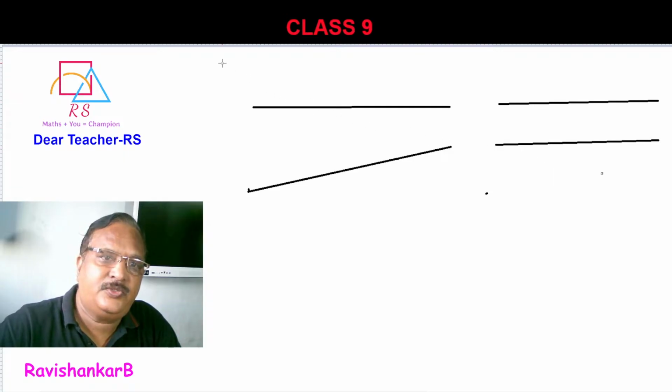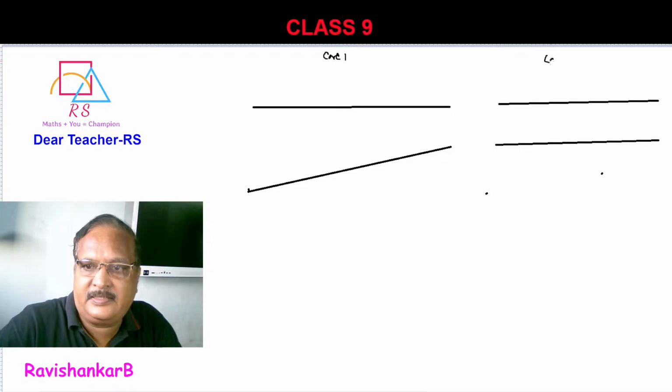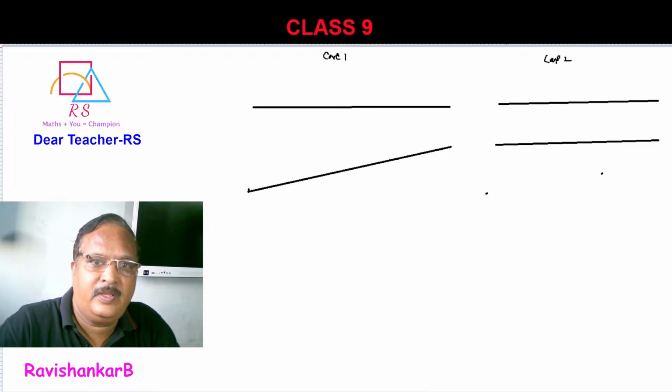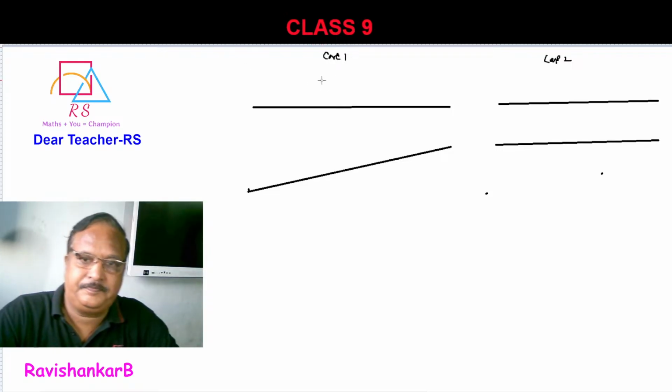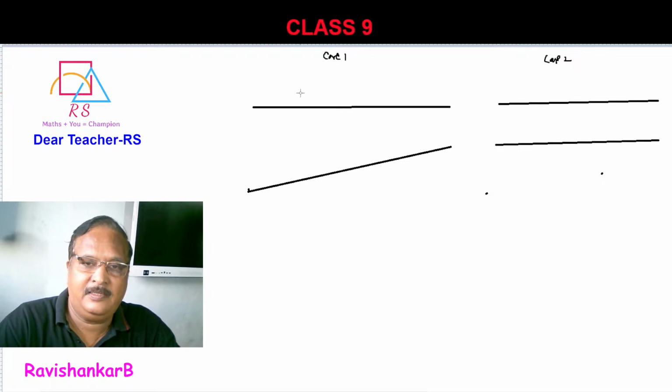So in these two, first case 1, let me write, this is case 1 and this is case 2. In the first one, lines are not parallel. In the second case, lines are parallel. Okay. Now we will draw one more line.